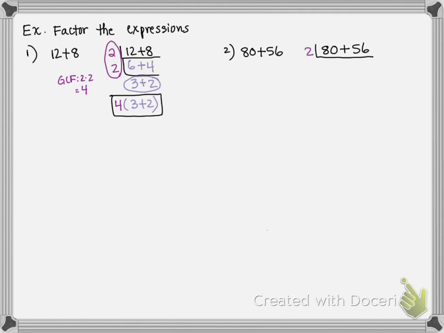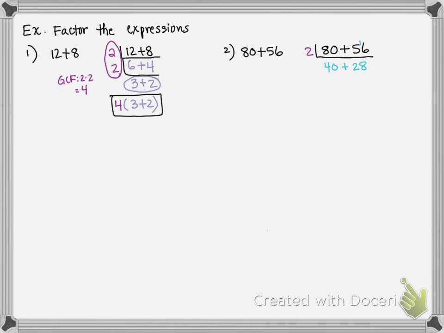But some of you may see a different factor, and that's okay. There's no problem with that. Let's go to this guy. So 80 divided by 2 is 40, and then it says plus 56 divided by 2. Well, 2 goes into 5 twice with 1 left over, and 2 goes into 16 8 times.